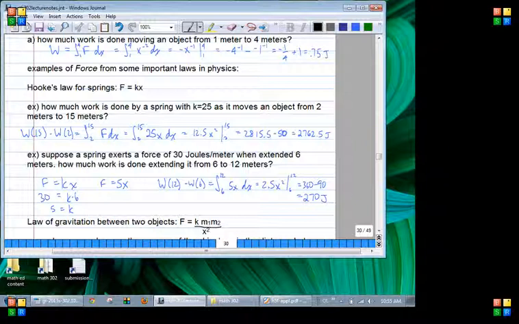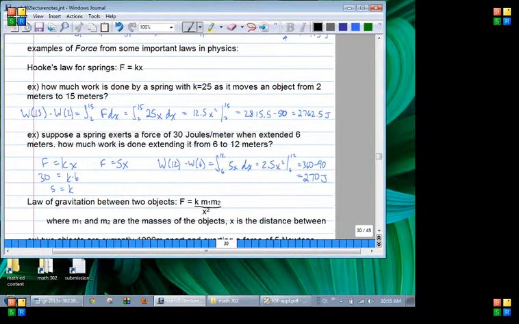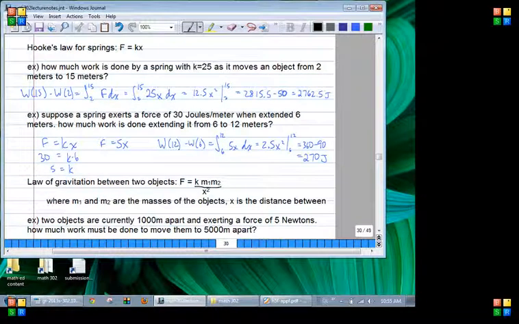X is the distance between them. Okay, so two objects are currently 1,000 meters apart, exerting a force of 5 newtons. How much work must be done to move them to 5,000 meters apart?